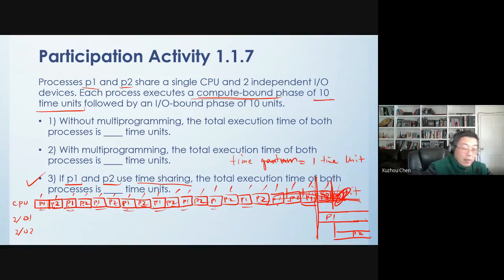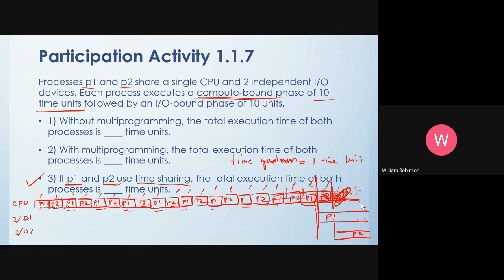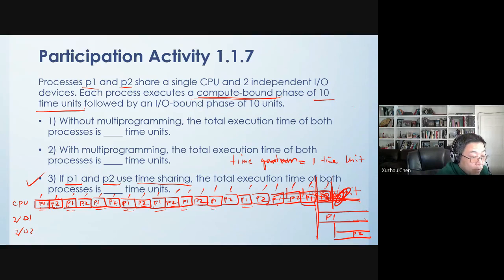So now what do you think? What's the total execution time of both processes? 30 time units. So for this switching back and forth, I believe over here it's already 20.